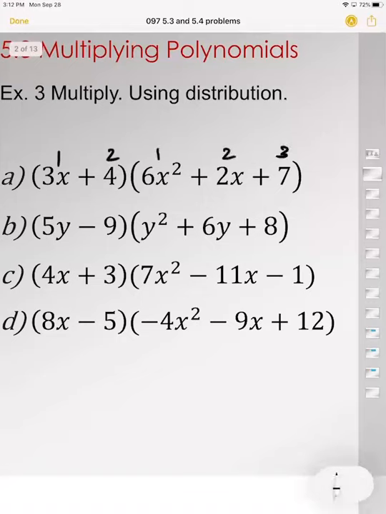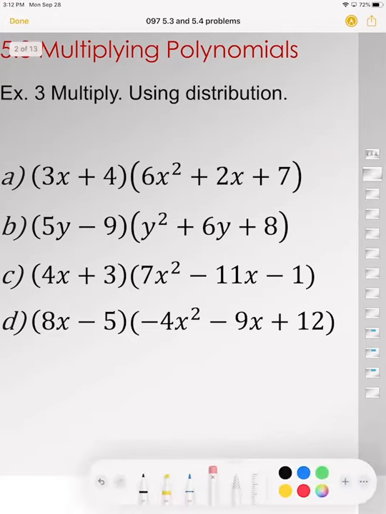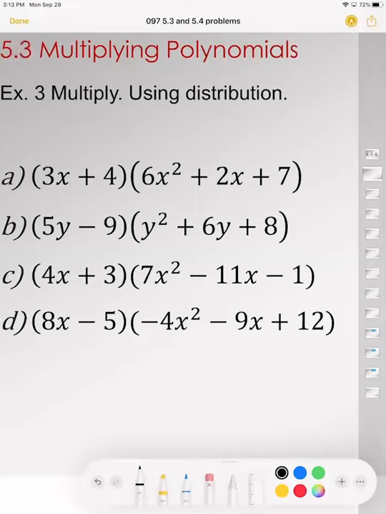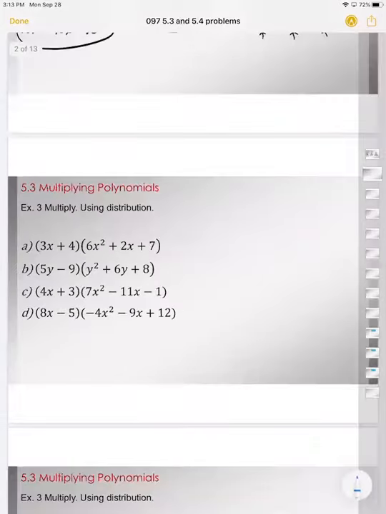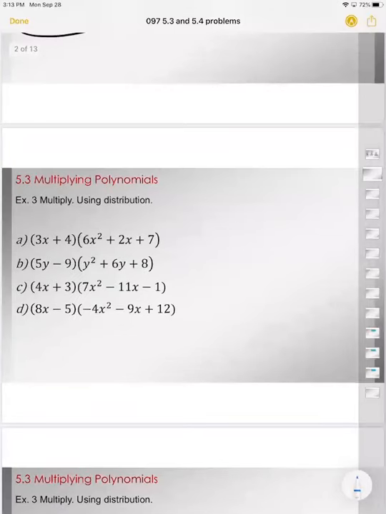So as you can see, there is no way we know what the first item is. Well, we know the first items are the 3x and the 6x squared, but we don't know the outside or the inside items here. So what do we do if we have this particular problem? Well, we can use our distributive method.